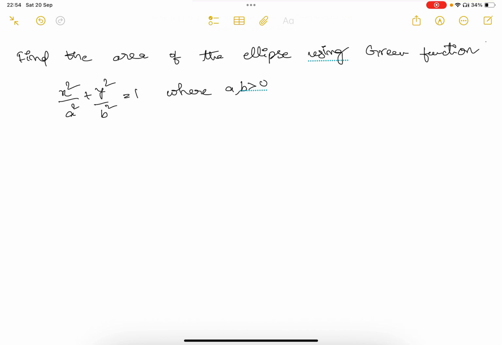So we know the Green's theorem formula, right?